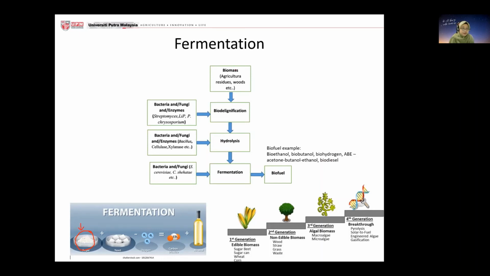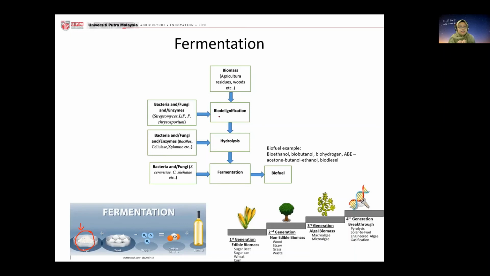But if you have biomass, remember just now I mentioned in biomass you have different components. So you have cellulose, hemicellulose, and lignin. In fermentation, the lignin bit is non-usable, so you have to remove the lignin first.